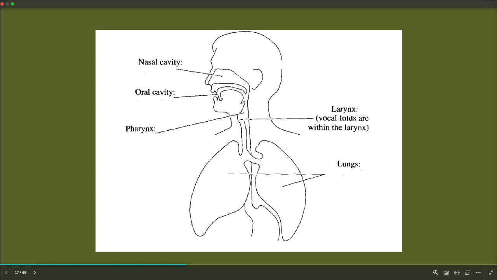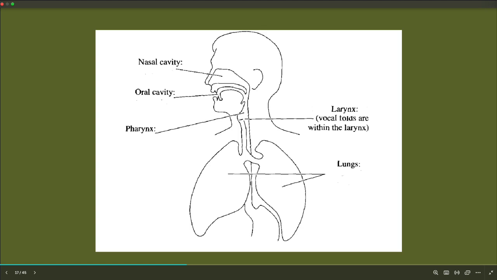Imagine trying to play a wind instrument without blowing air into it. Nothing happens, right? The same is true for speech. Air from the lungs is essential. Alright, now how about the larynx? The larynx, often called the voice box, houses the vocal folds.